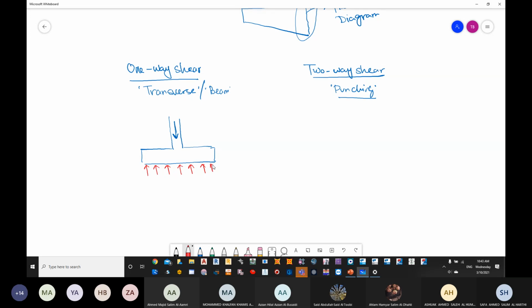Now you will see, actually the loading of the column will not only be in this location. The loading of the column will start distributing in a 45-degree manner. So whatever loading is here is going to be distributed in this area mainly.